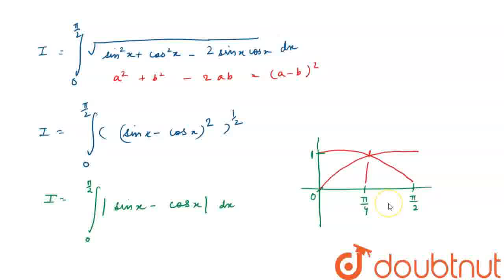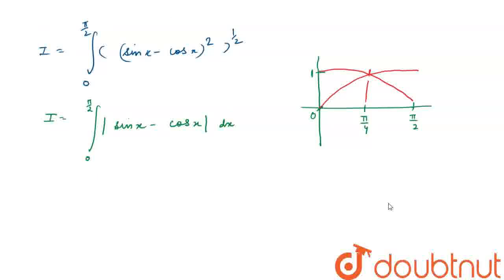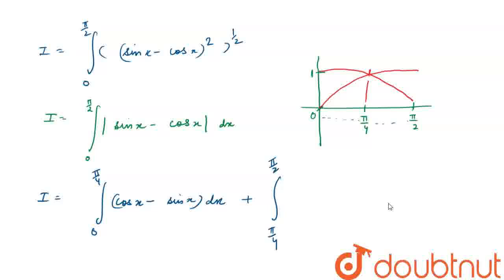So we can break this as follows: 0 to pi by 4. In 0 to pi by 4, we know cos x is greater than sin x, so here we will write cos x minus sin x dx, plus pi by 4 to pi by 2.